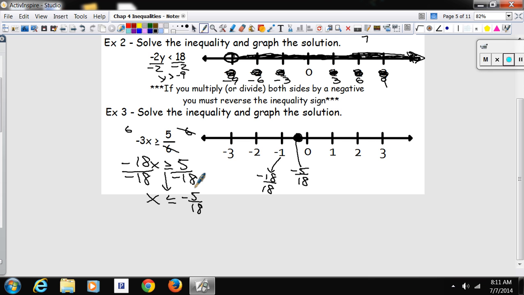It's actually just past the 0. And we want to shade greater than, so we're going to shade this side. So that would be example 3, and then there's just a few left to do on the next page that are just solving ones.